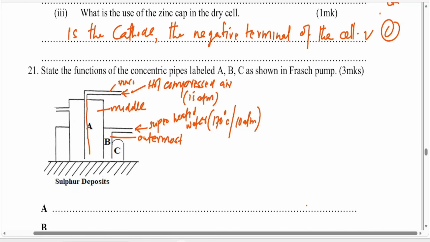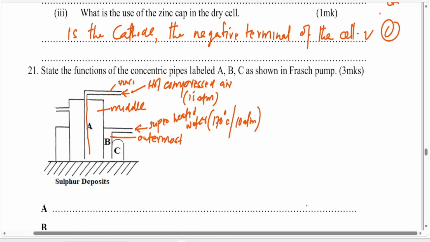And this high temperature and pressure, the temperature ensures that there is melting of the sulfur deposits, or the sulfur mix. And again, the pressure is to ensure that the water remains in liquid form at that very high temperature.